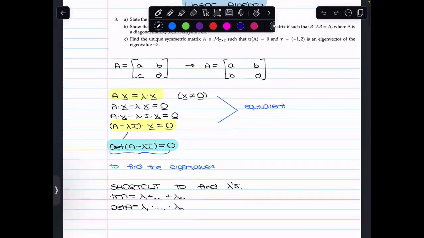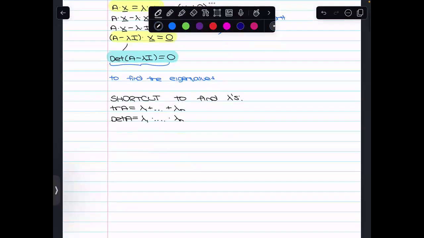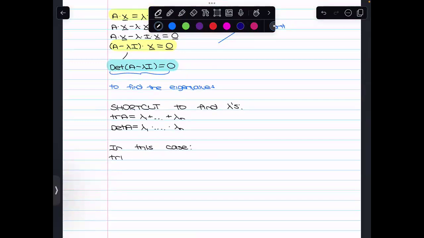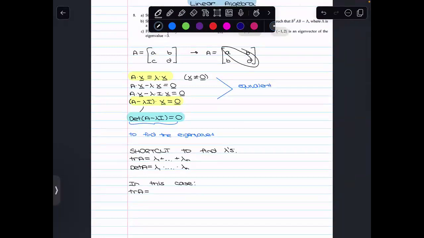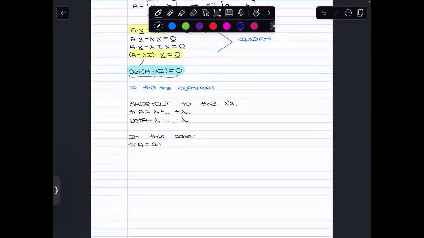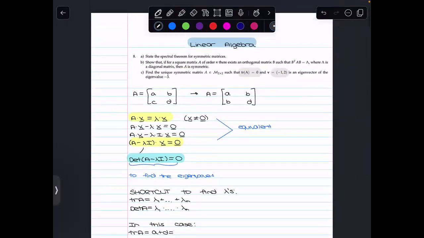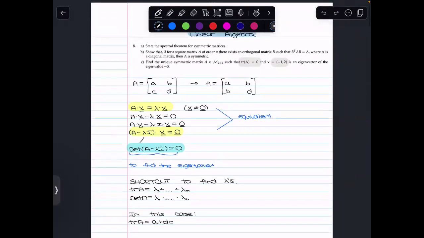But in this case, notice how they do tell us that the trace is 0. So if we look at that first, then we know also that it's a 2x2. So if it's a 2x2, then we have 2 lambdas. In this case, we can say that the trace, which would be the sum of the numbers in the main diagonal, so A and D, has to equal what we have here, which is 0.